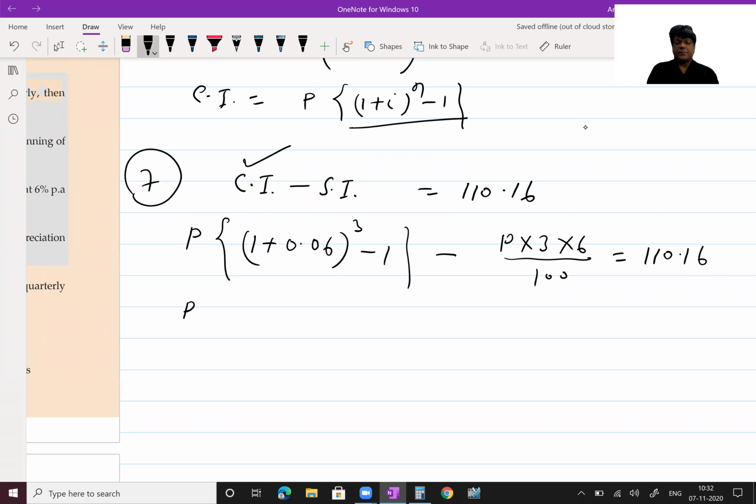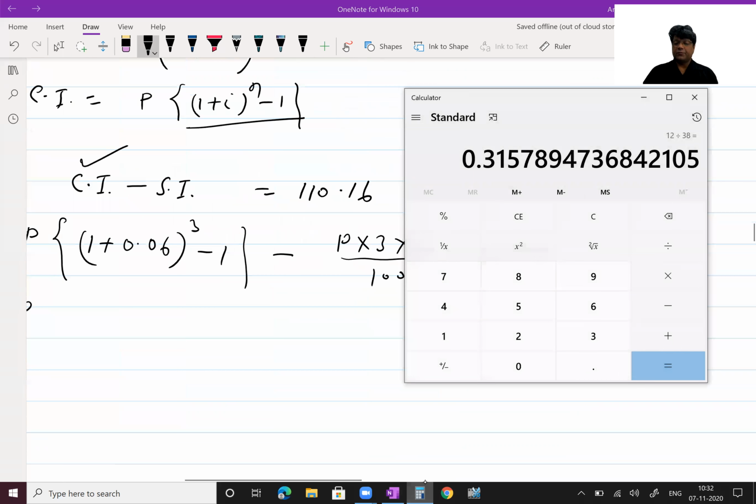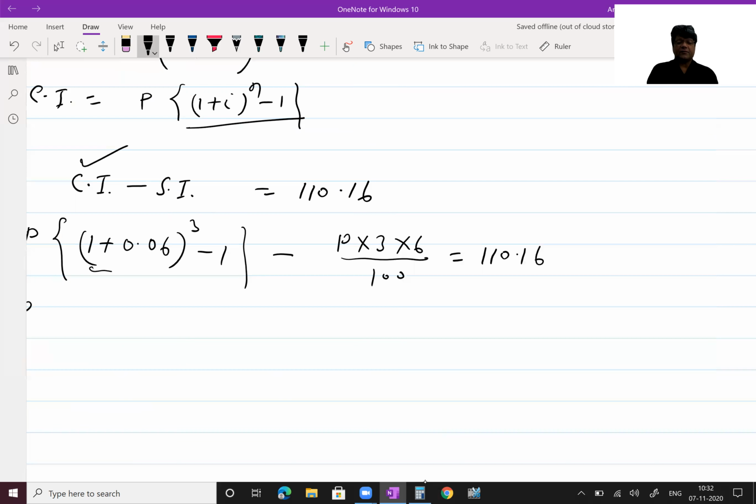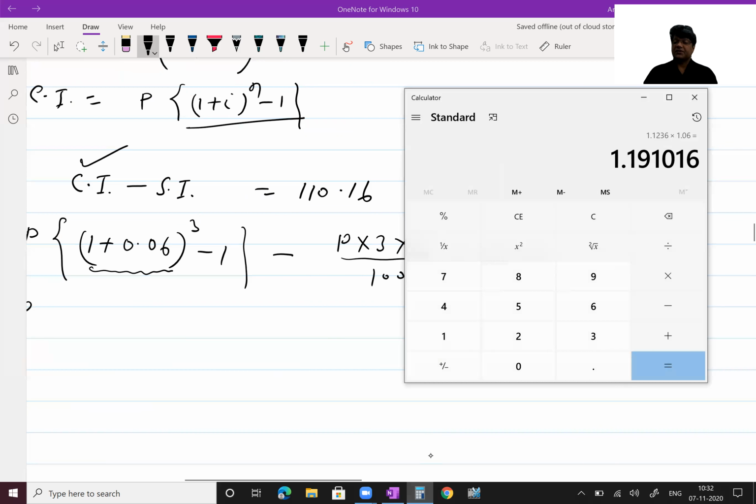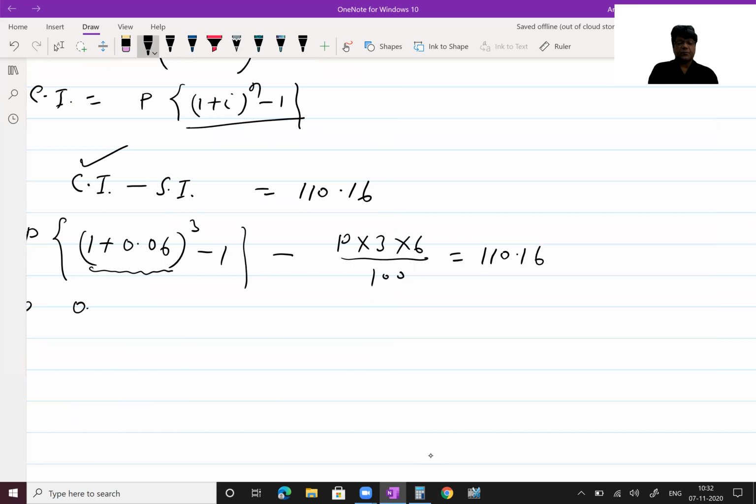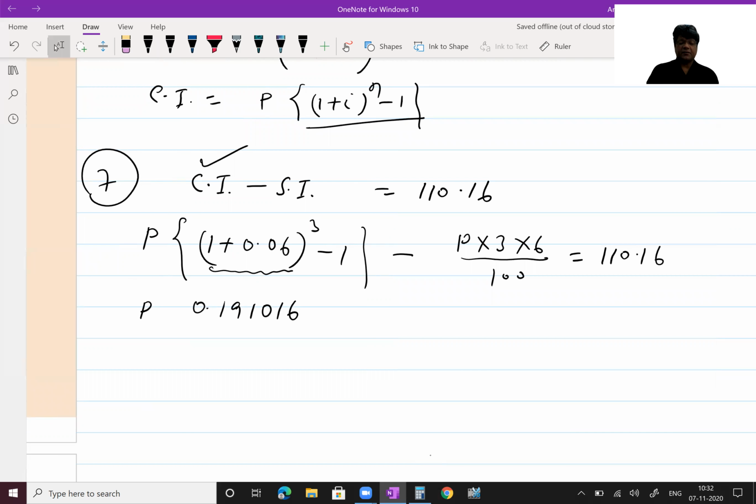So principal into 1.06 cube. Look here, 1.06 cubed is equal to 1.191016. Okay, so this is the value, guys, 1.191016 minus 1 is equal to 0.191016. This P I am writing after this number.